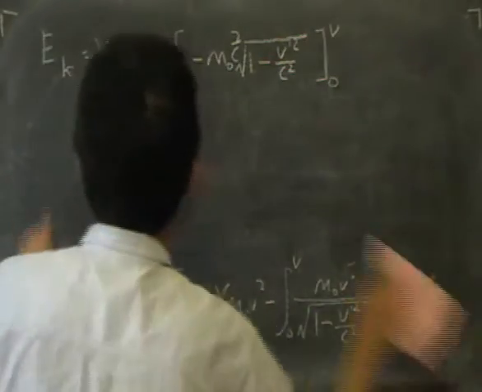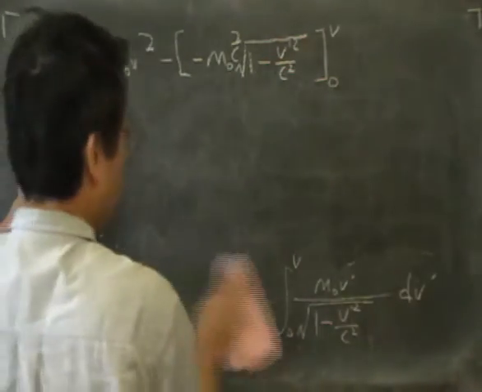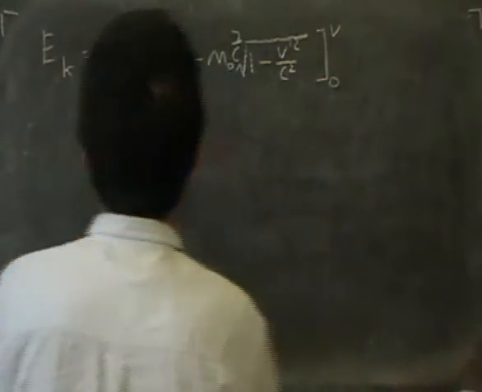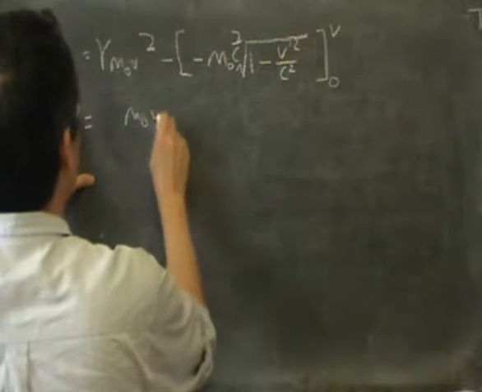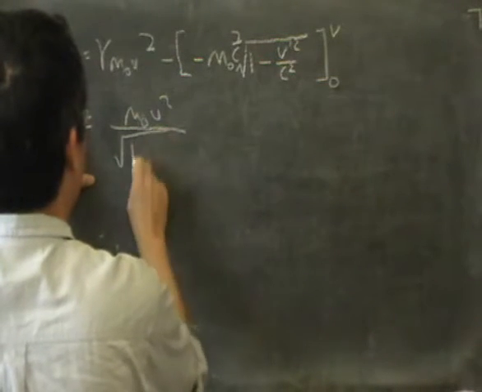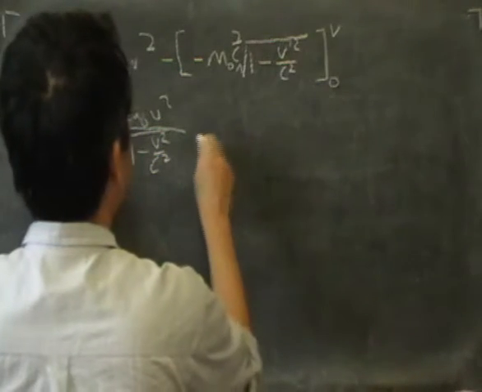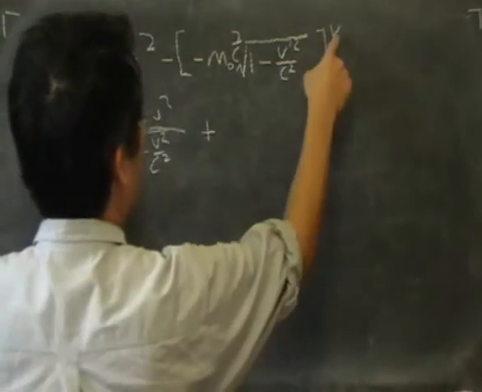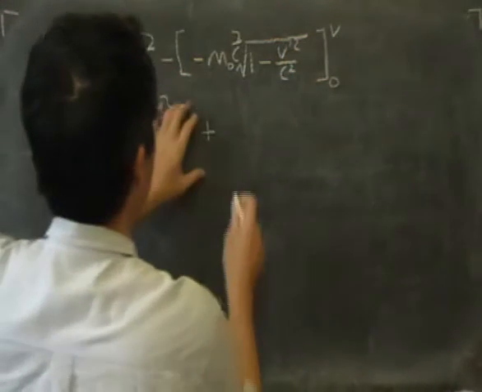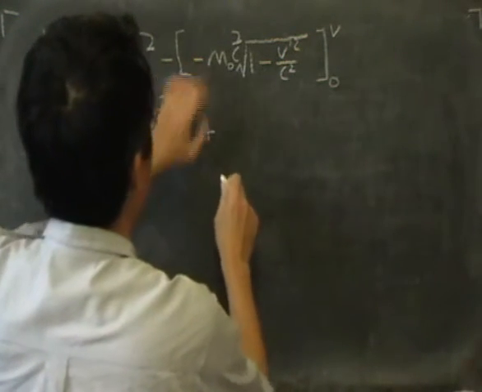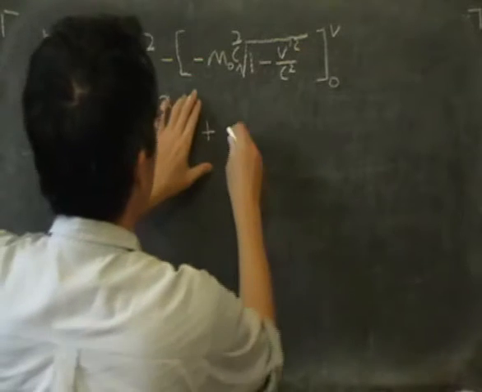Right, the next step, what we need to do, so write this out like that, and here we need to plug that into there. Minus and minus becomes a plus.